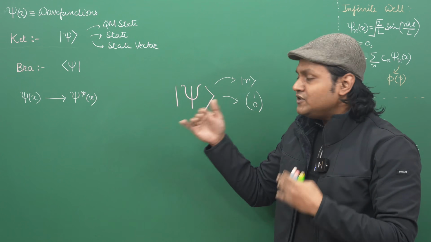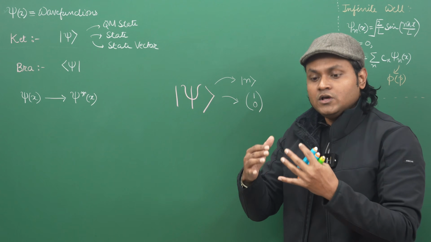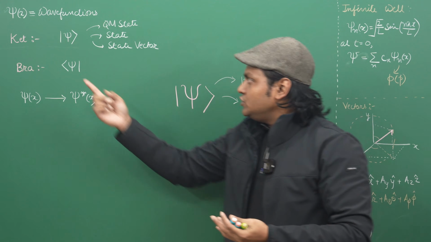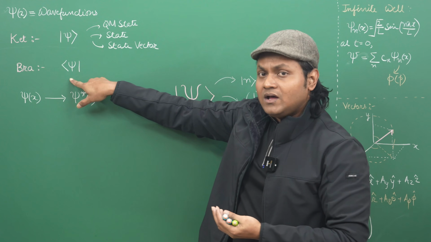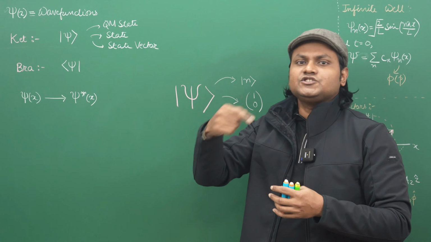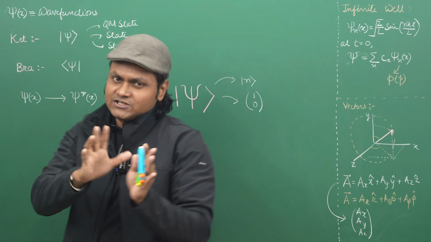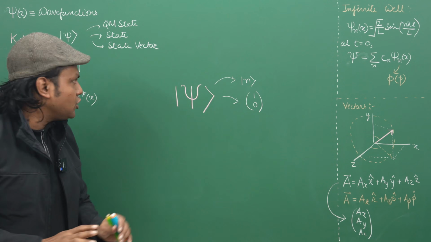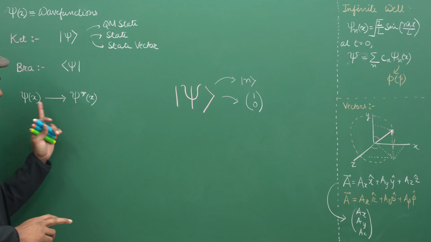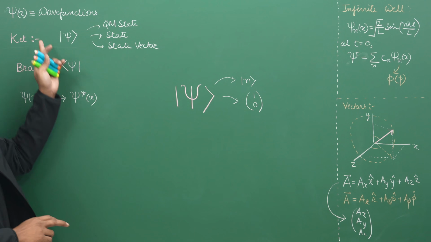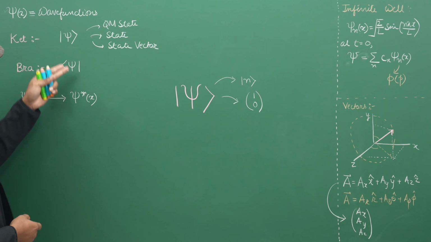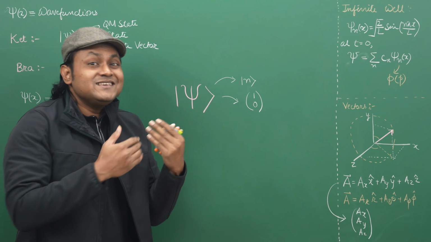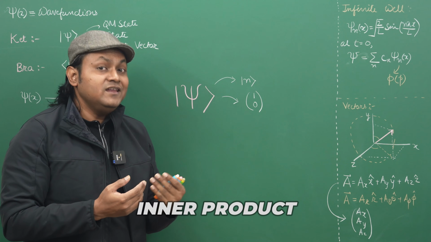So therefore, in a similar manner, in a more generalized approach, the ket has the corresponding bra, where the corresponding bra elements consist of the complex conjugates, although that's just the simplistic version of it. But just like wave functions have complex conjugates, kets have bras. Now coming to the most important point, what can we do with them? Well, there is something called inner product.